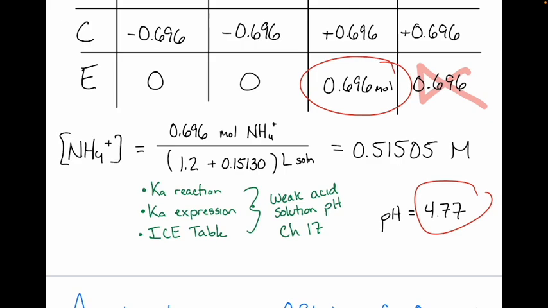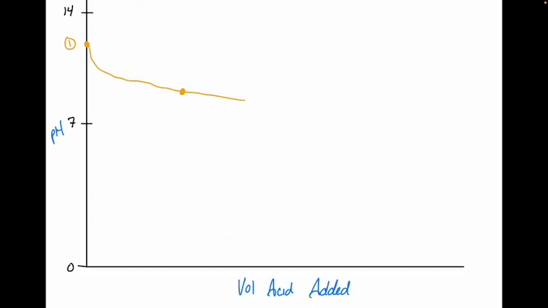If we put this on our graph here, now we're down in our acidic region, here-ish. And again, what we would see in our curve is that it lies in the very middle of this vertical region.